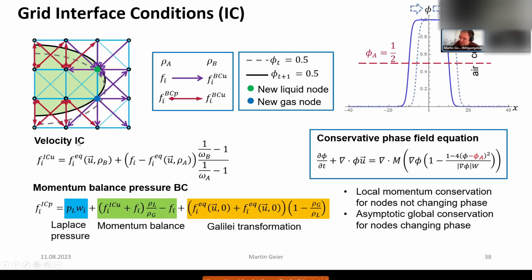And the interesting part of this is that this model is completely iteration free. It's completely explicit. So no iteration here at the boundary or solving for the pressure boundary for the Poisson equation. So this is completely avoided.